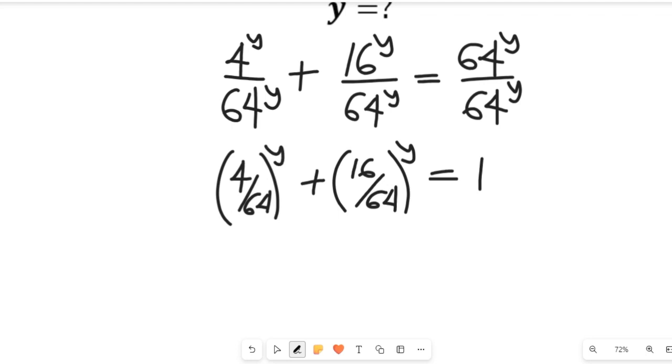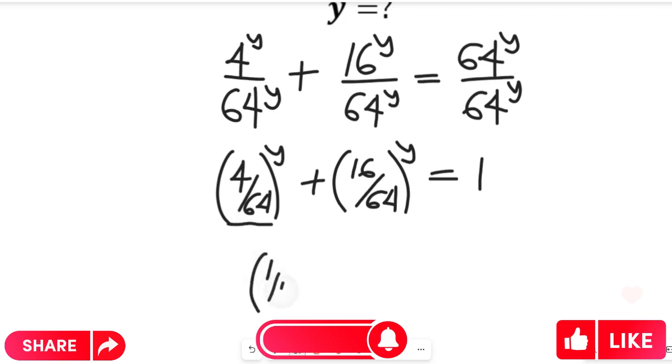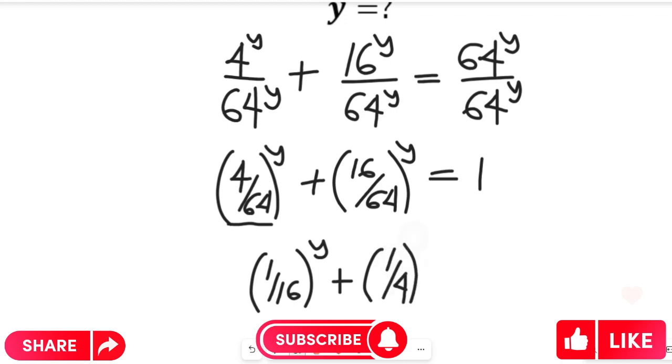Now, if we look at this expression very well, you'll see that these fractions can be simplified. If we divide by 4, we are going to have 1 divided by 16 all to the power of y, plus 1 divided by 4 all to the power of y, and this will be equal to 1.